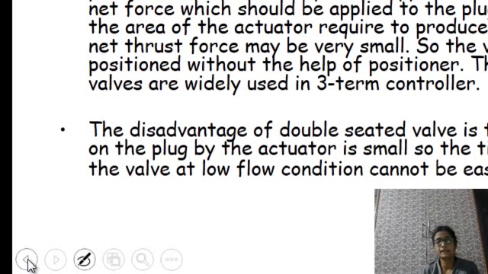So the area of the actuator required to produce a force greater than the net thrust force may be very small, which is significantly large for a single-seated valve. So the valve may be accurately positioned without the help of a positioner. That is why double-seated valves are widely used in three-term control, that is, for the PID controller.